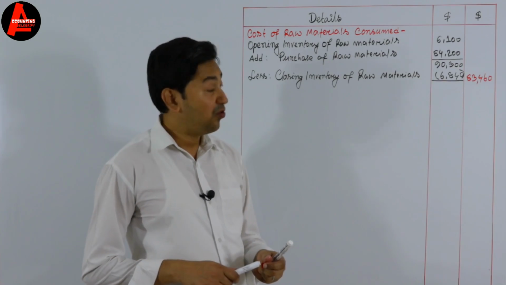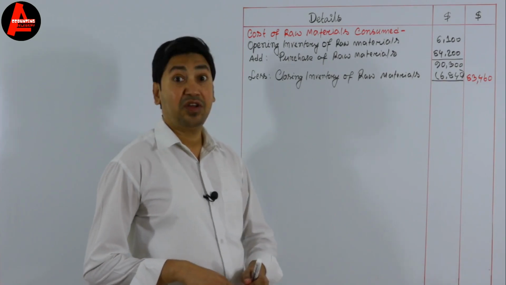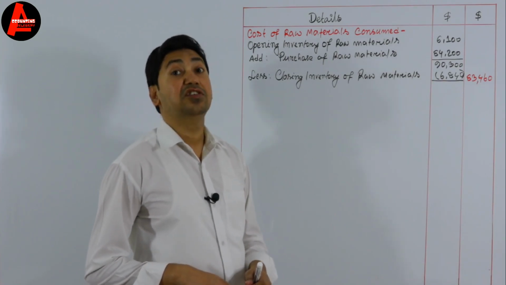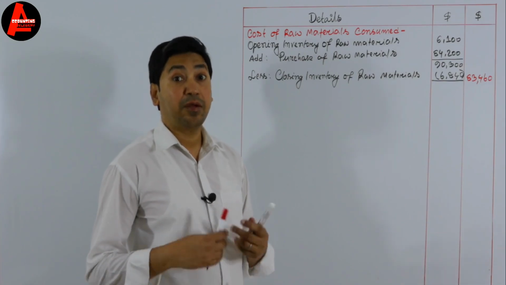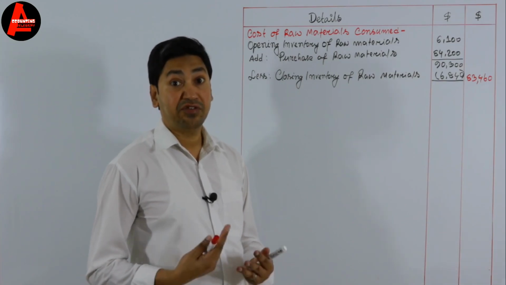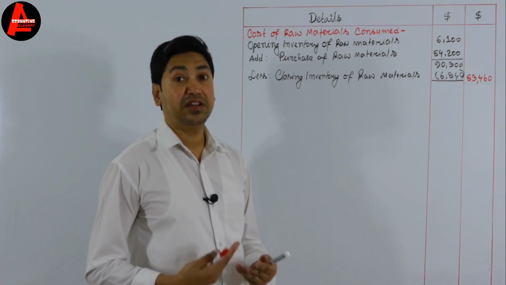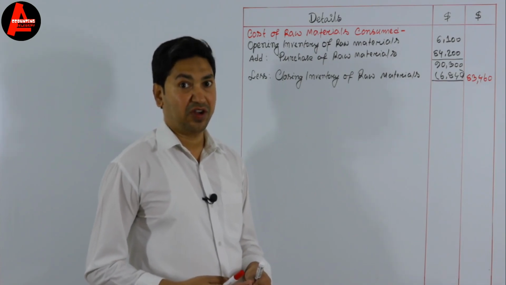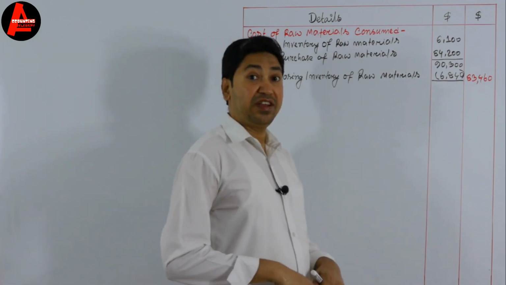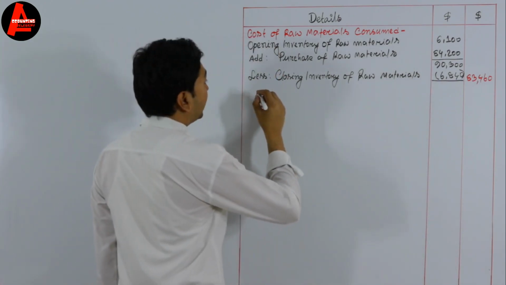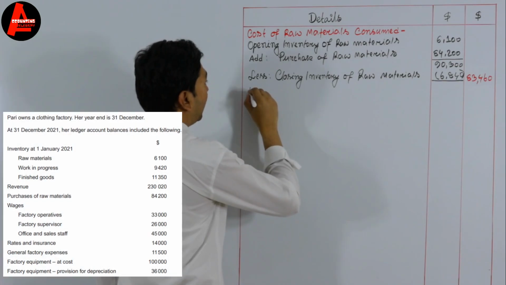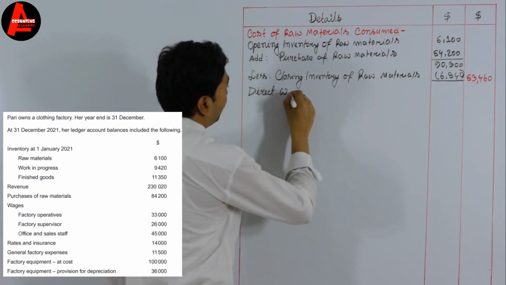Now we will calculate our prime cost. How to calculate prime cost? Prime cost equals cost of raw materials consumed plus direct labor or direct wages, whatever you call. So now let us write here. On the question we have direct wages.